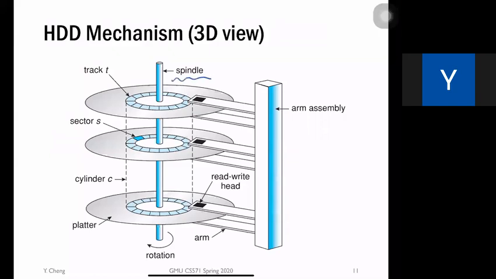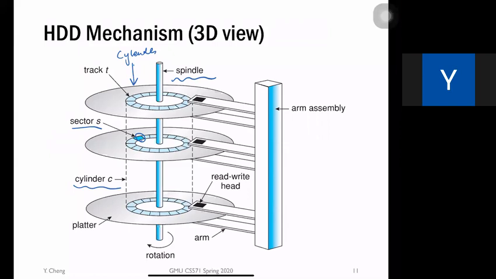On this cylinder is a single track, which is called track T. Within track T, this random sector is called sector S. And we have the cylinder over here.